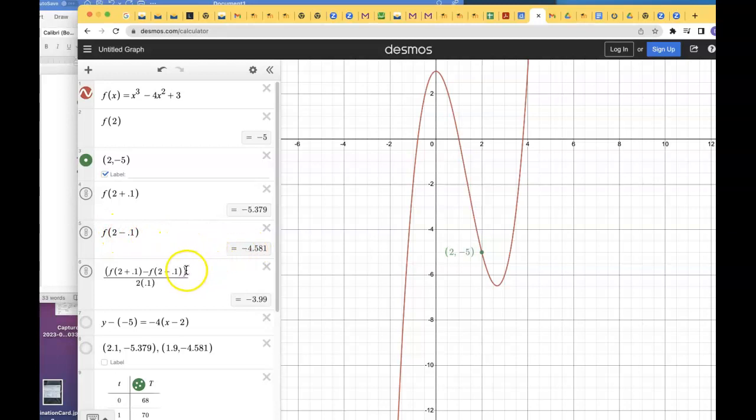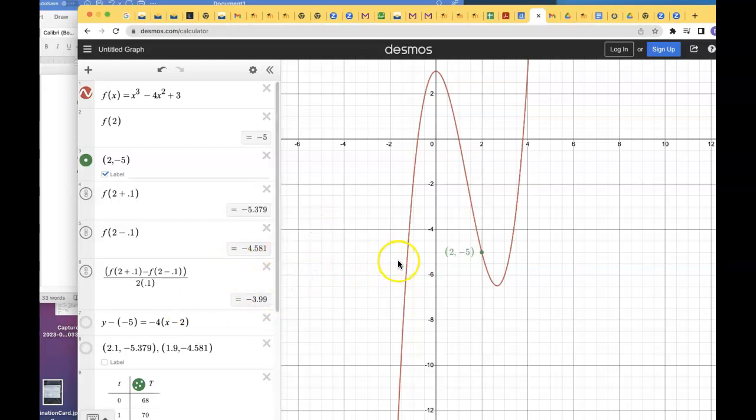And then I plug into the formula the approximation of f prime of a. So I'm using these 2 points: f of 2 plus 0.1 minus f of 2 minus 0.1, and then divided by 2 times 0.1. So I get an approximate slope of negative 3.99.